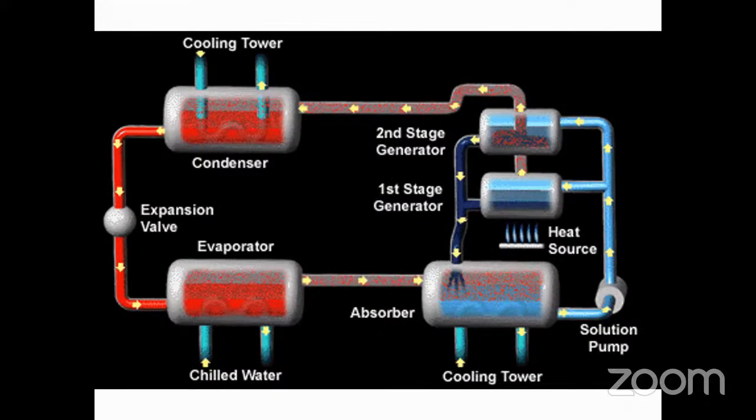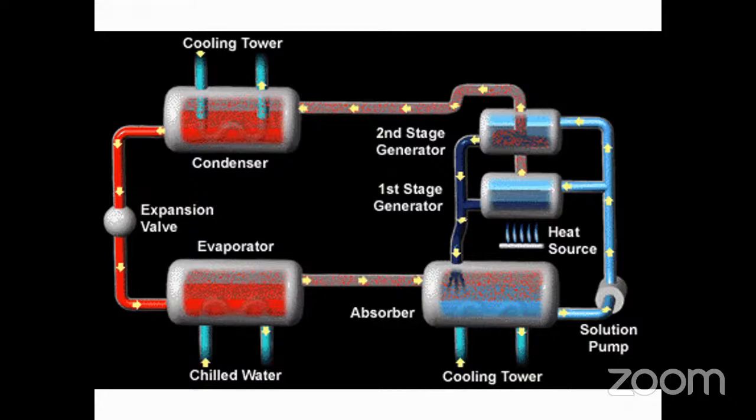So except the pump, there is no requirement of electricity. So still water pump, solution pump, then cooling tower. In the case of a vapor compression system, we require everything to have electricity.